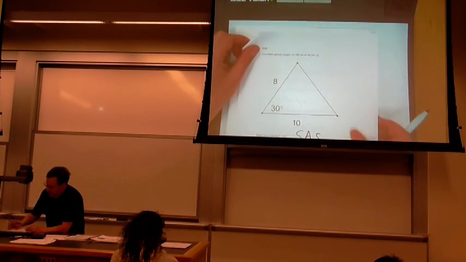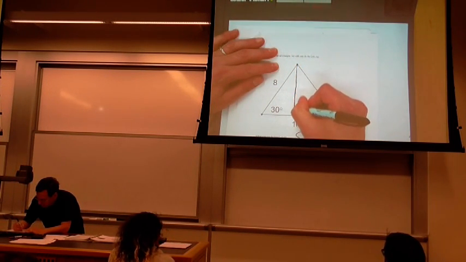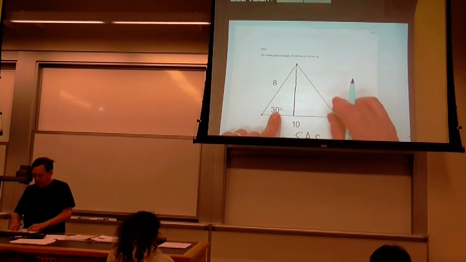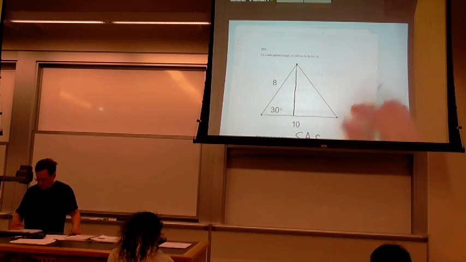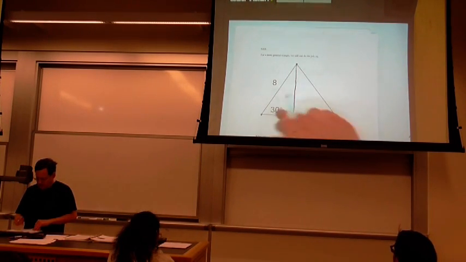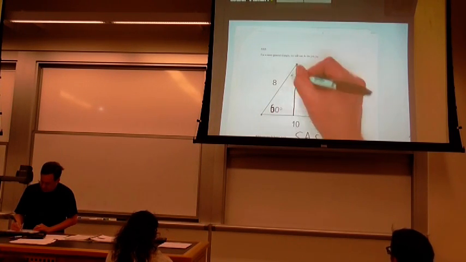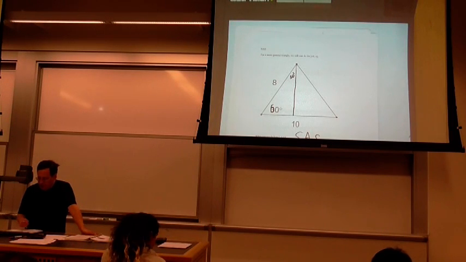In this particular case, we can drop an altitude here. That's the 60-degree angle, sorry. This is the 30-degree angle, right? I've given you a nice, easy angle here that we don't have to use the calculator for. If we did, you could still do it.